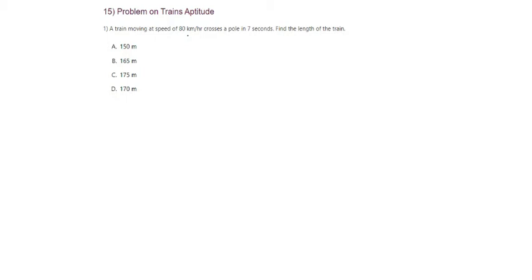Let's see. A train moving at a speed of 80 km per hour. I have told you that you have to check if it is kilometer per hour, and also check with your options. If it does not match, then you have to convert it.